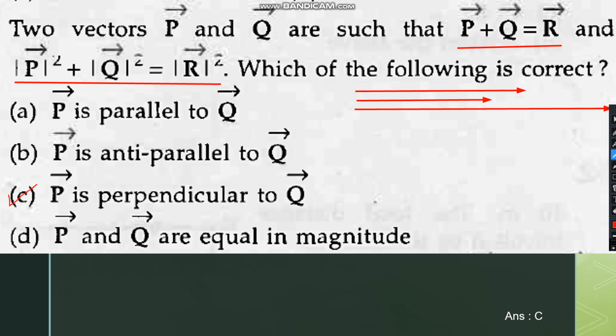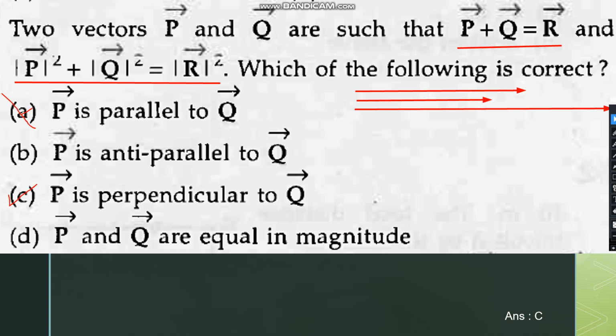P square plus Q square will be right now P plus Q whole square. Okay, no, sorry. P square plus Q square must be P plus Q whole square minus 2PQ. That P plus Q whole square is R square, but R square minus 2PQ must be the magnitude. Just talking about magnitude only. So this statement is not appropriate in this question. So just this option is wrong.